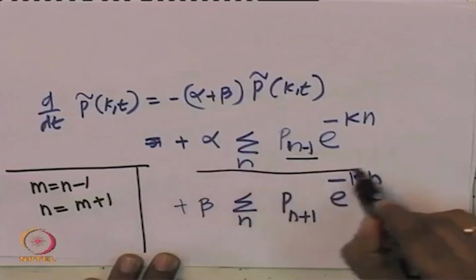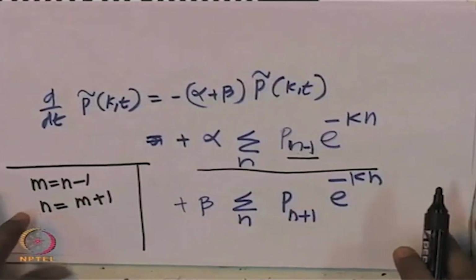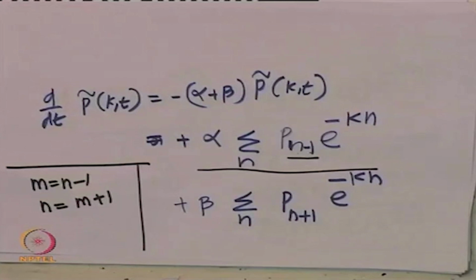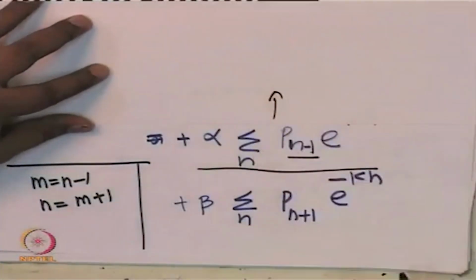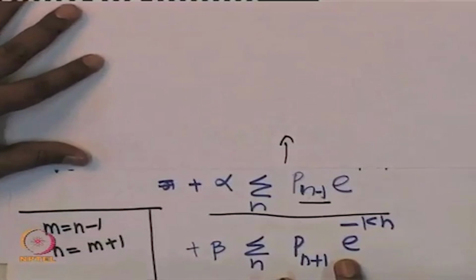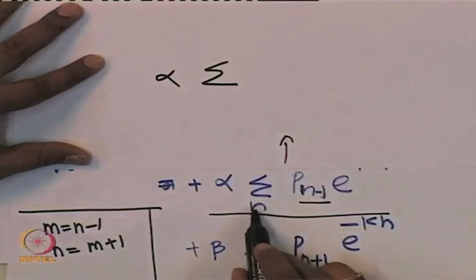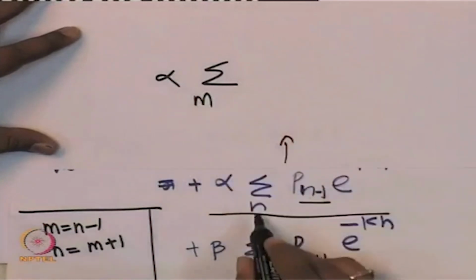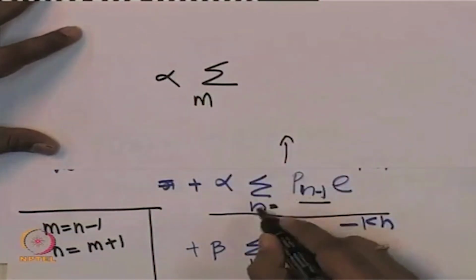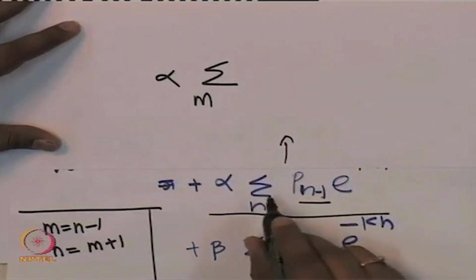Let us look at this term only. If we look at this term carefully, what does it give? Alpha sum over n, which now has to become m. If n was infinity, it will become infinity plus 1 or infinity minus 1. Infinity plus 1 or minus 1 does not really mean anything, it is infinity itself.